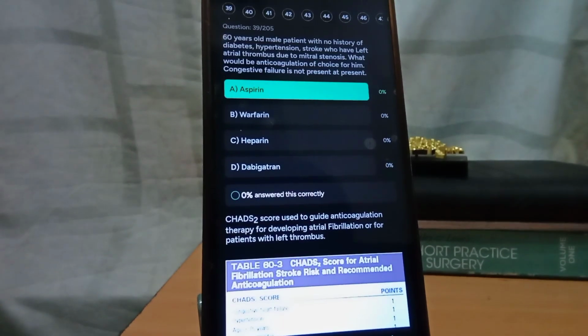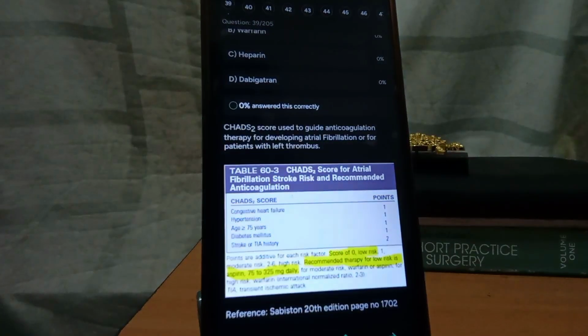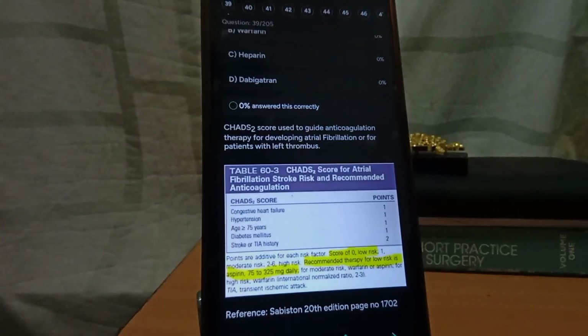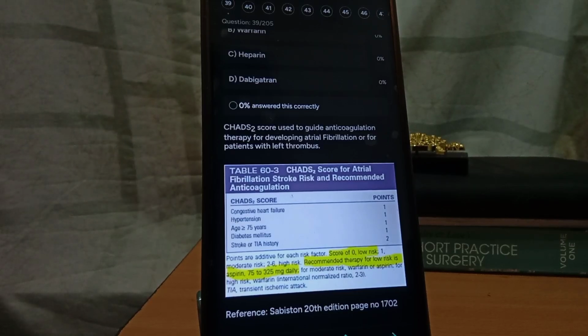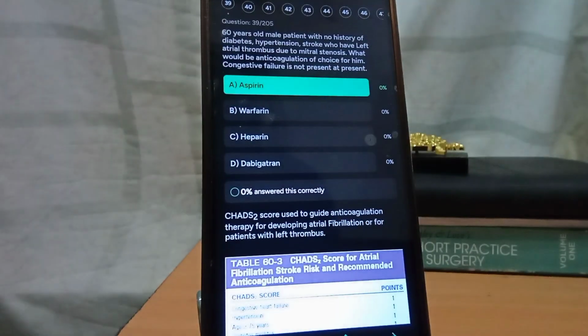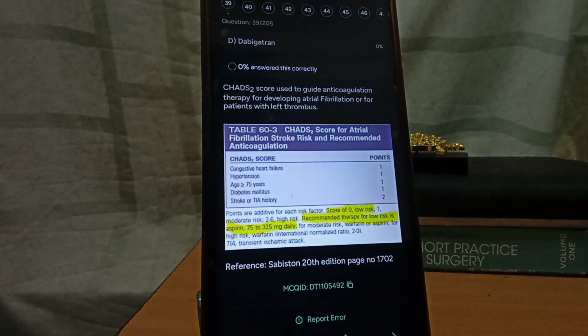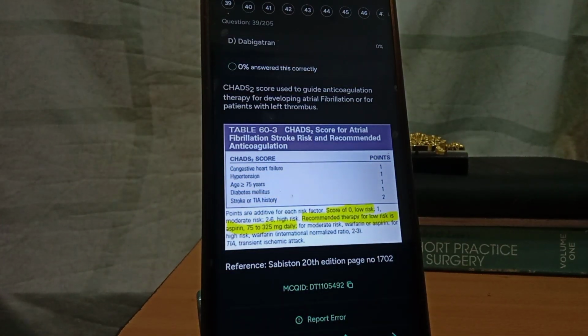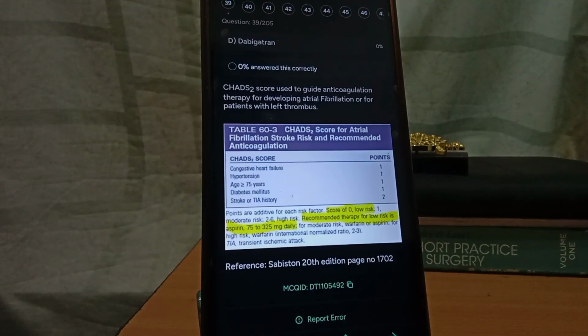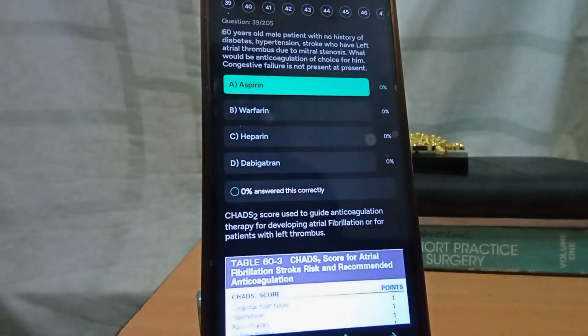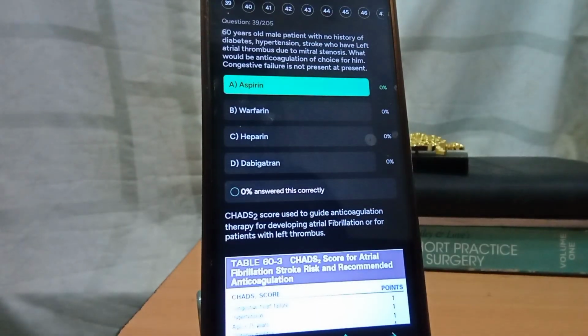So here we see the patient is having only stroke, and other options are 0. So if the patient has history of stroke, then that is 2, and that comes under intermediate risk. And in intermediate risk, like in moderate risk, we can use either warfarin or aspirin. So here we use aspirin.